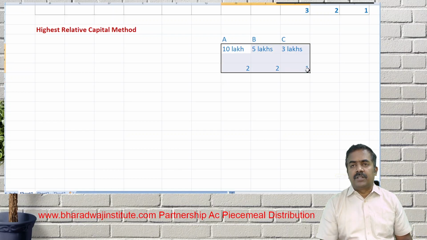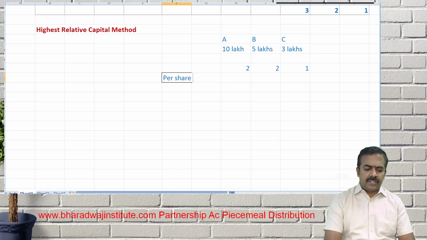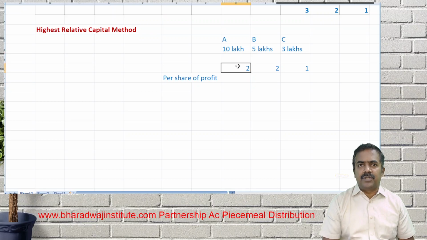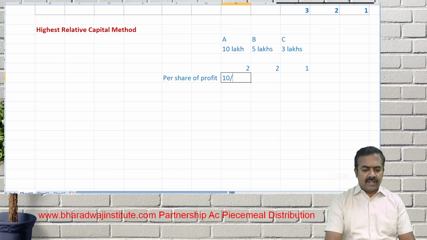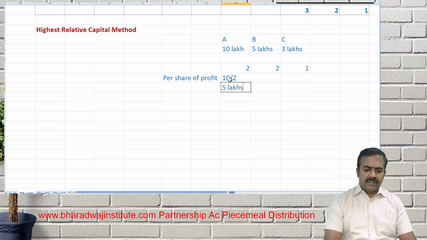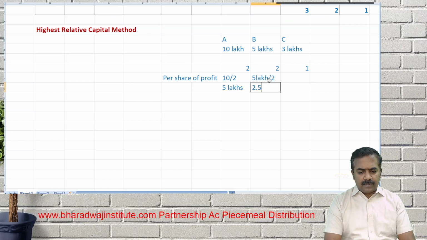Which partner contributed more capital? Don't look at capital. You have to look at capital per share of profit. For example, 10 lakhs divided by 2. 10 lakhs contributed for 2 shares of profit. 10 lakhs divided by 2 is 5 lakhs per profit share. 5 lakhs divided by 2 is 2.5 lakhs. 3 lakhs divided by 1 is 3 lakhs.